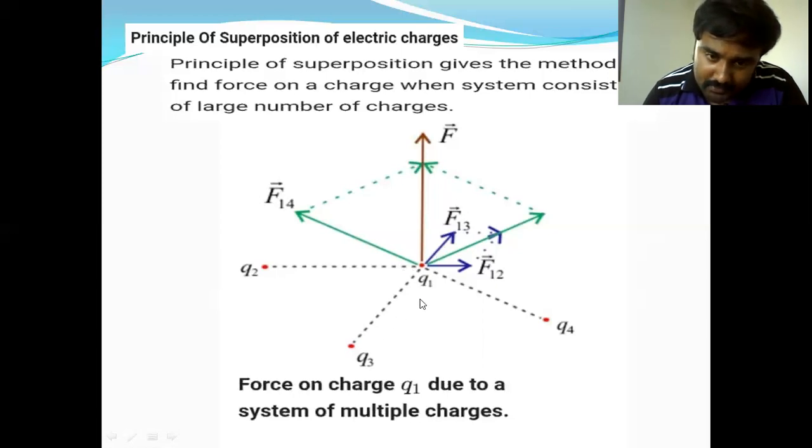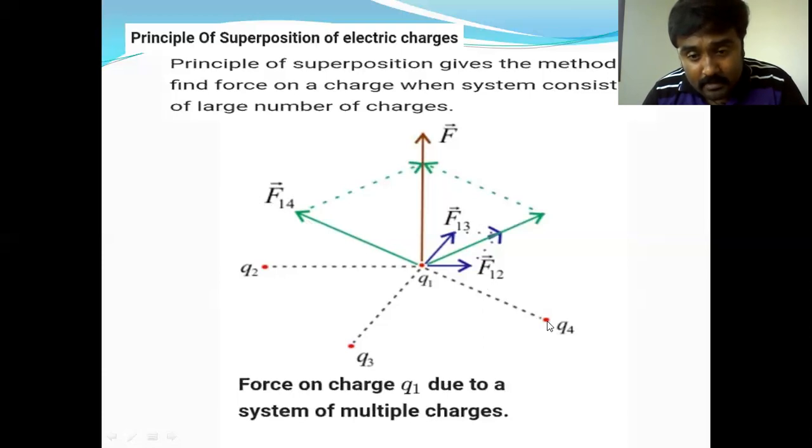Distance from Q3 to Q1 is R31. So the unit vector is R31 cap. The unit vector indicates the direction of F13 vector, directed from Q3 to Q1. And the force acting on plus Q1 due to plus Q4, that is from Q4 to Q1 direction, is F14 vector.